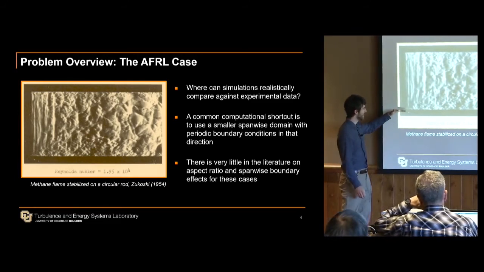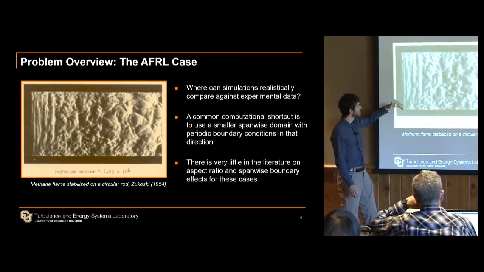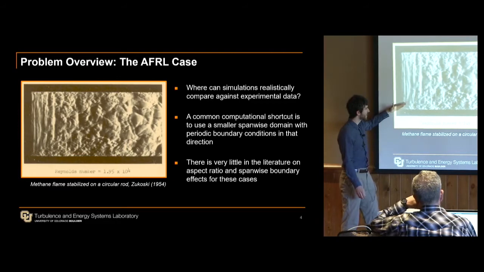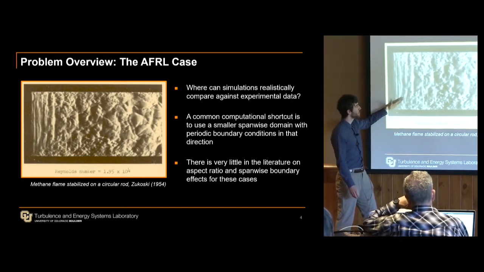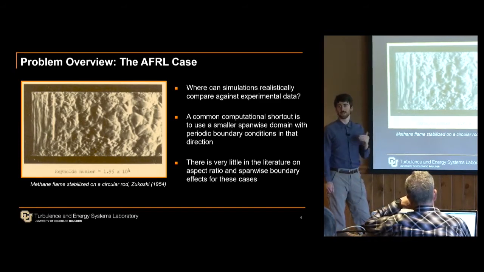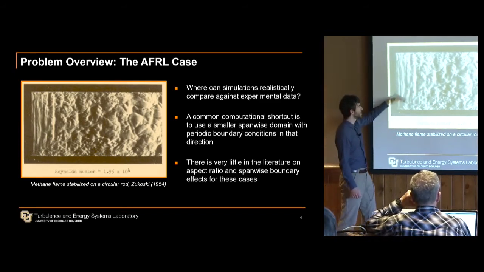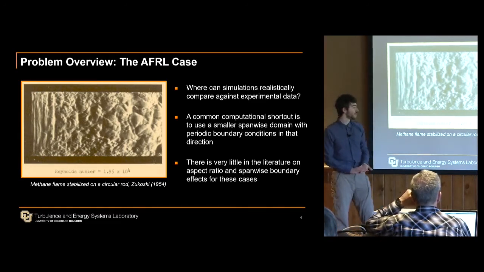And what you can see, what we have here, is that on the top and bottom of the screen are solid walls. You can see that the effects of these solid wall boundary conditions are actually propagating into the middle of the stream. This is important because a lot of simulations to this day ignore these walls and just simulate the center with periodic conditions.